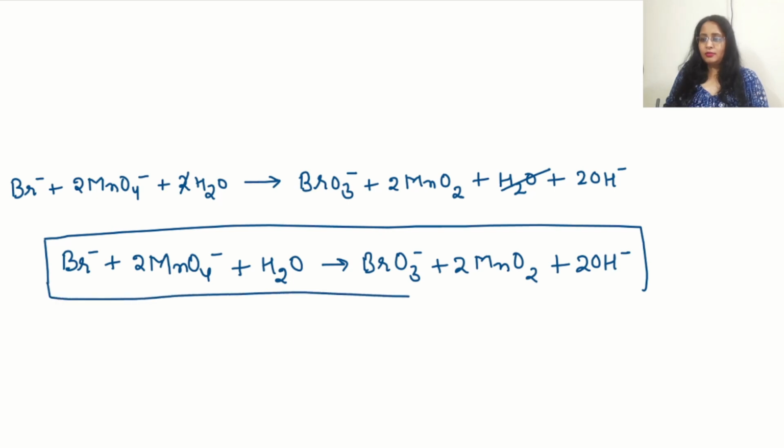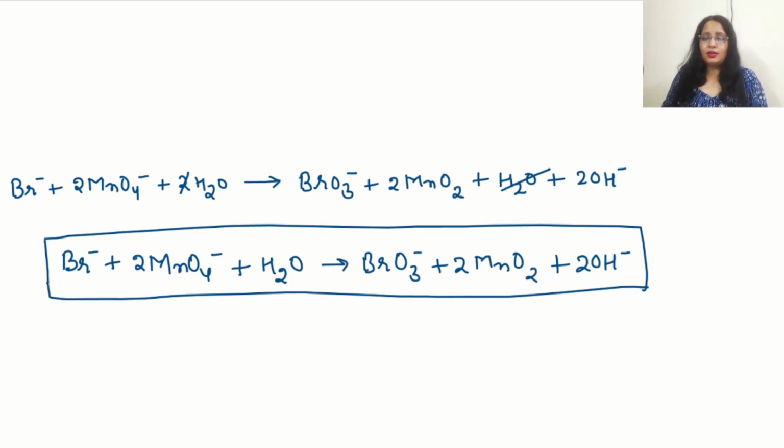Let's check it. Bromine 1 on both sides, manganese 2 and 2 on both sides, and oxygen it is 4 2s are 8 plus 1 is 9 on the left hand side. Here it is 3 plus 4, 2 2s are 4, 7 plus 2 is 9 oxygen on the right hand side also. Then hydrogen, 2 hydrogen on the left hand side, 2 hydrogen on the right hand side.